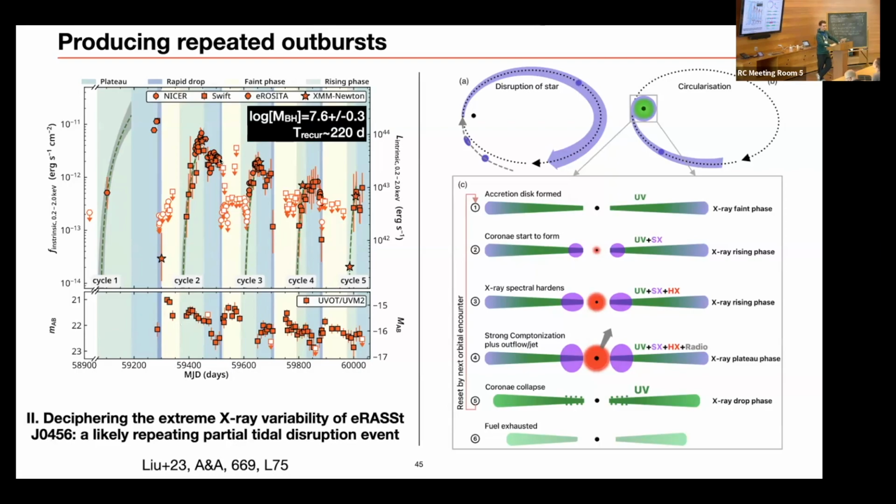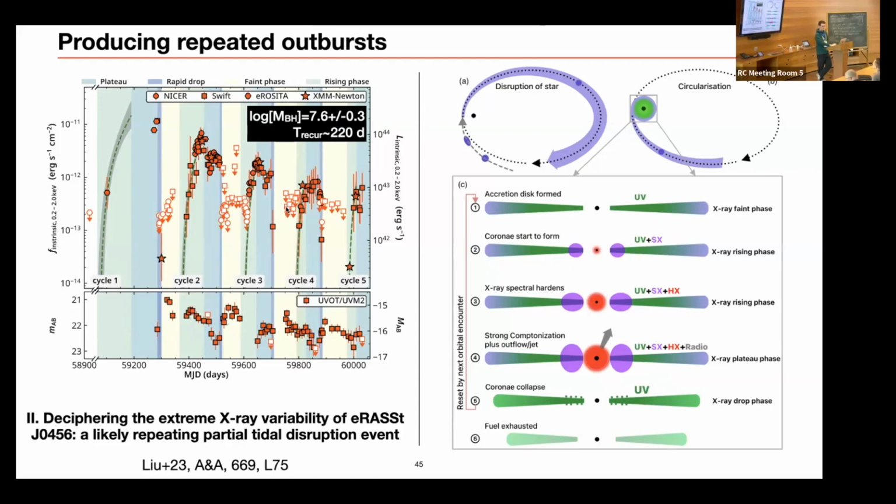And when you're getting the sharp X-ray flux drop, you have to have something to physically cause the corona to cut off over such a short time scale. So that's potentially linked to the star coming back in around pericenter, but we're not too sure just yet. And that would be because the UV brightening is roughly coincident with the cutoff in the X-ray corona.